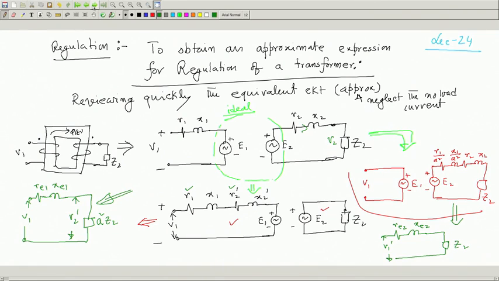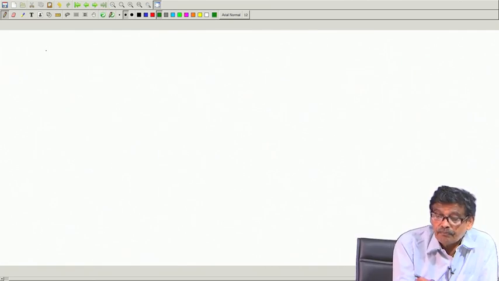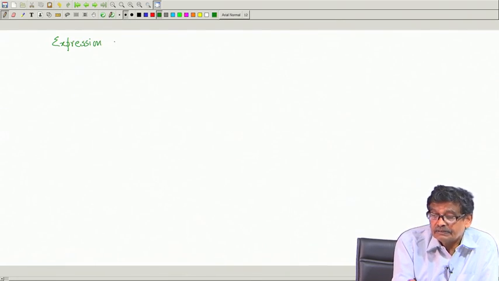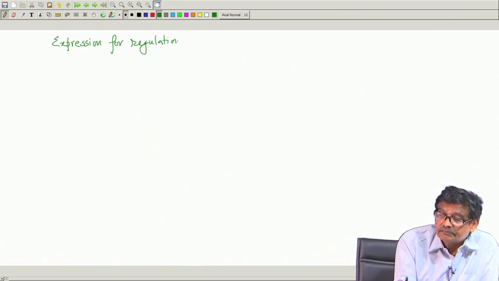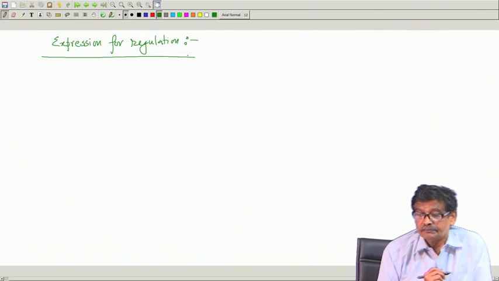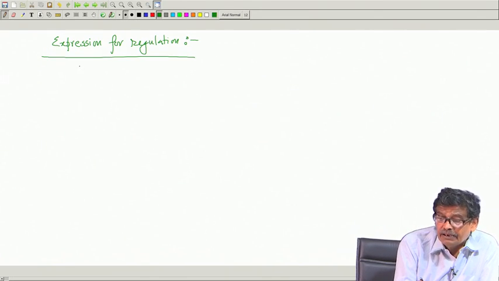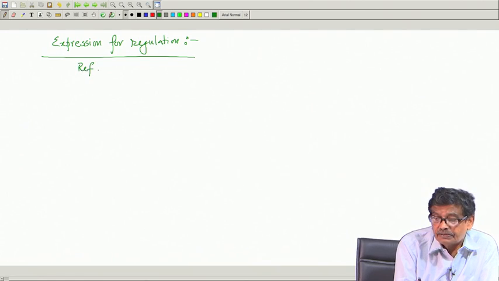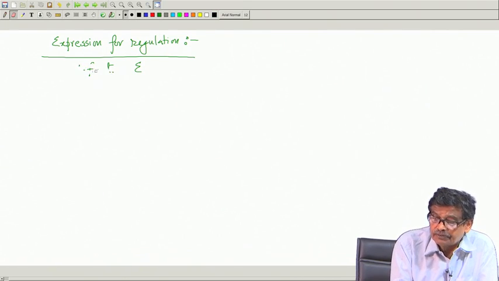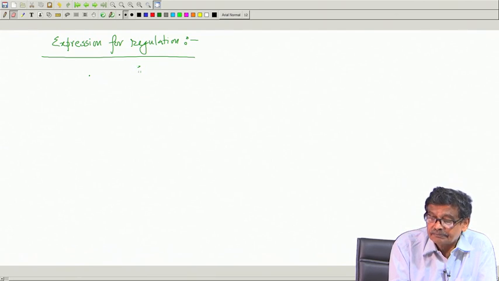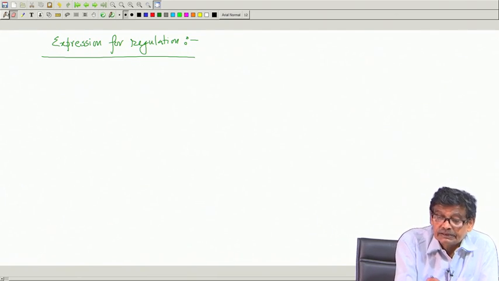So, now coming to the expression for regulation. So, I will refer to the equivalent circuit, referred to primary side, is this one.